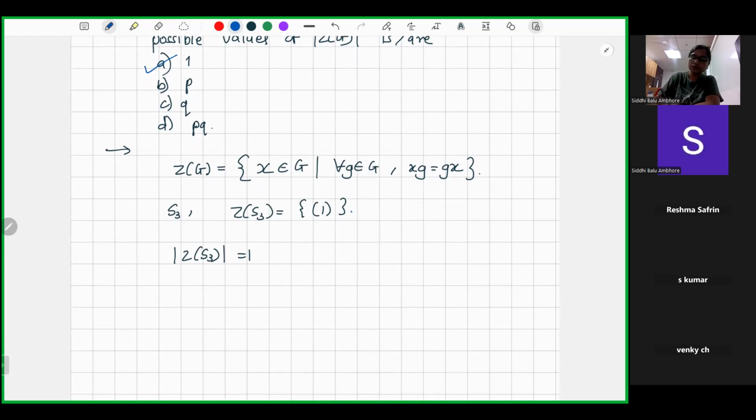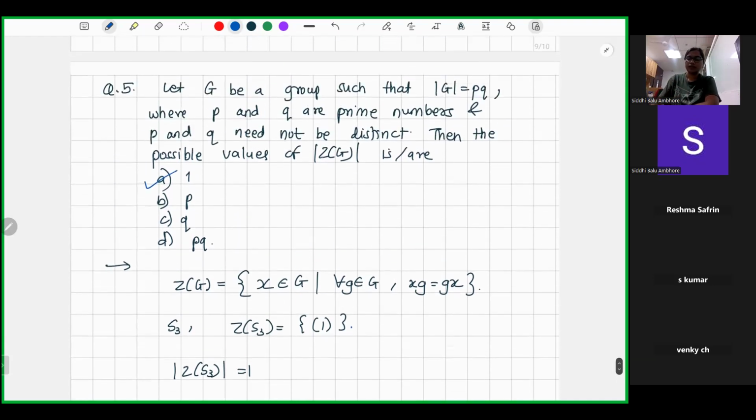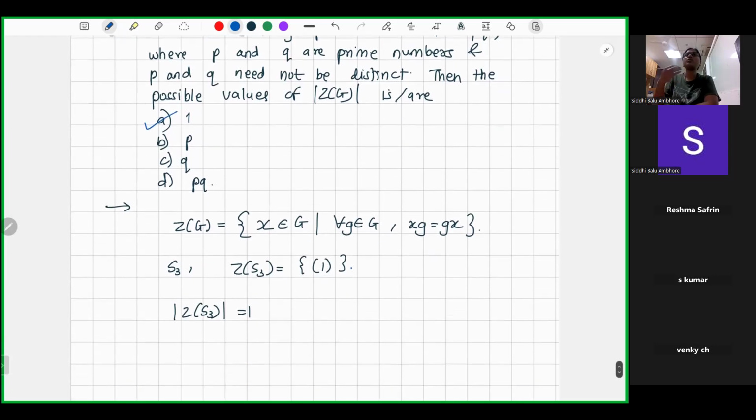Now what about PQ? Can we have a group of cardinality PQ which... See, the cardinality of G is PQ, and now they are talking about the cardinality of ZG. If I am saying that the cardinality of ZG is PQ, then I need to have a group of size PQ which is abelian, right?